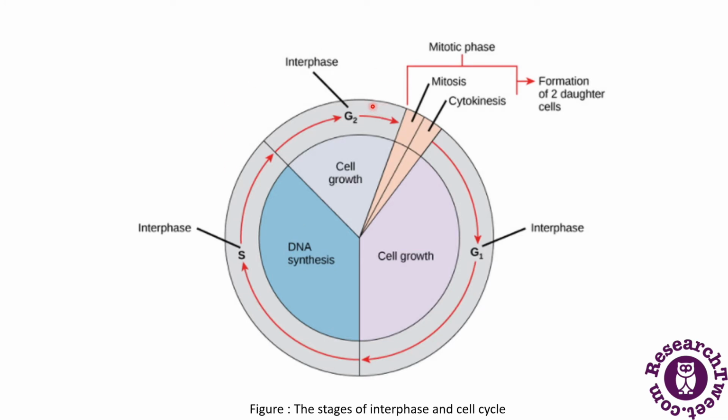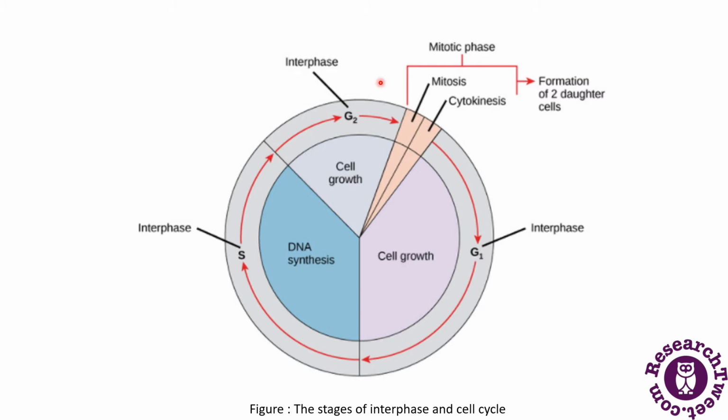Then comes the G2 phase, which is the gap period following the DNA replication and proceeding towards the initiation of the M phase. So this is between the DNA replication phase and the initiation of the M phase. So this is how a diagram is represented and the interphase is depicted, that G1 phase, S phase and G2 phase are the parts of interphase.